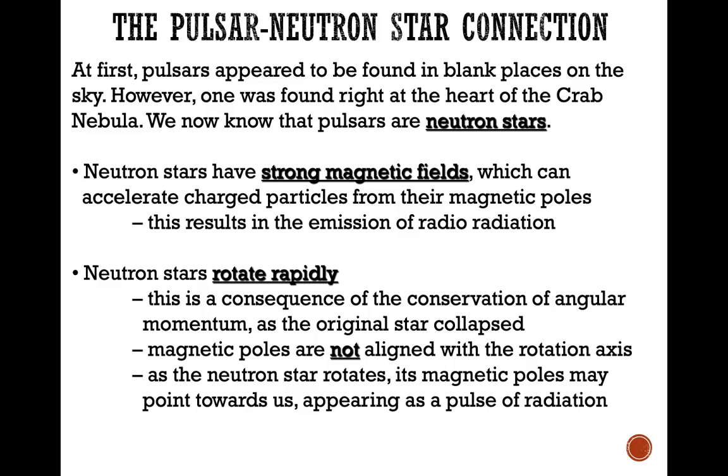Neutron stars rotate around an axis, but that axis and the magnetic poles are not aligned with each other. You will see it in the next picture. What happens is that when the neutron star rotates, its magnetic poles may point towards us, depending on the orientation of its rotation, and that may be the reason we get pulsars from neutron stars.